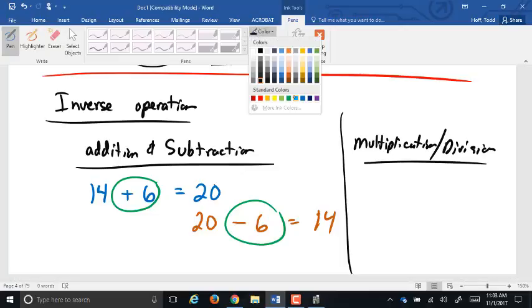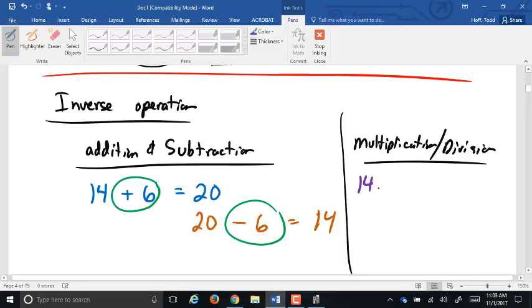So let's start out with that same 14 again. Only we're going to do 14 times 6 this time, which is 84. If I wanted to turn that 84 back into 14, what do I have to do?